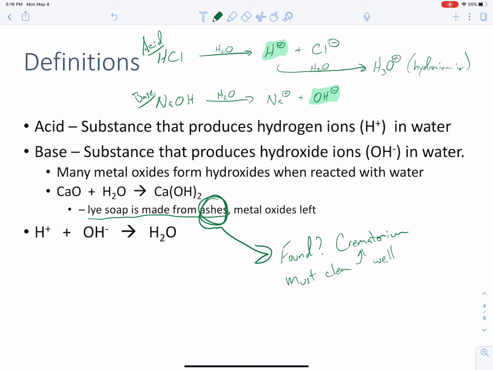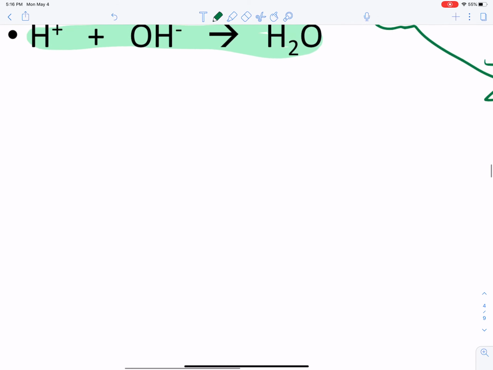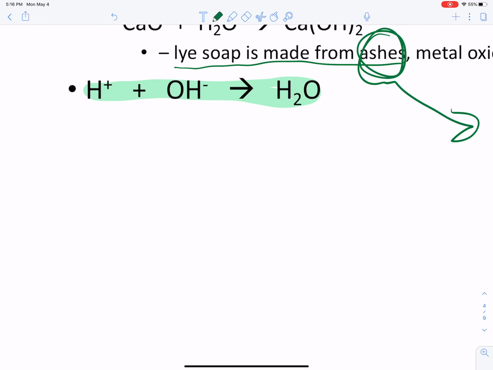For the neutralization reaction, really and truly, what we actually have is the reaction of H plus and OH minus to form H2O. So let's look at this. If I take the reactions above, that NaOH and that HCl, we're looking to see if we can get that reaction that I'm showing here.